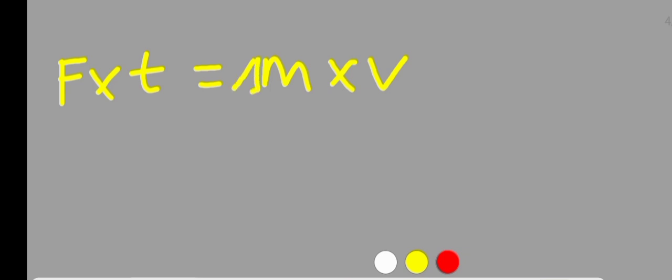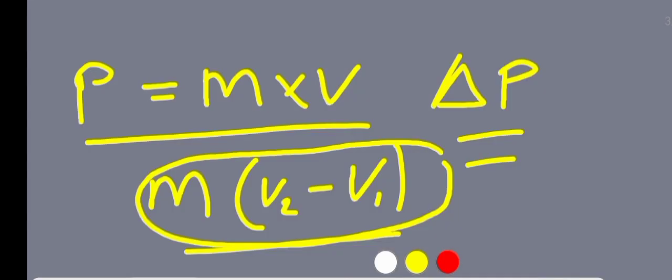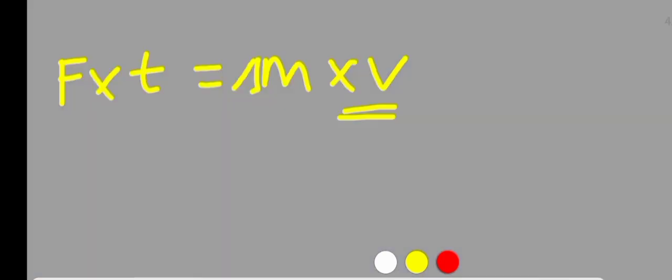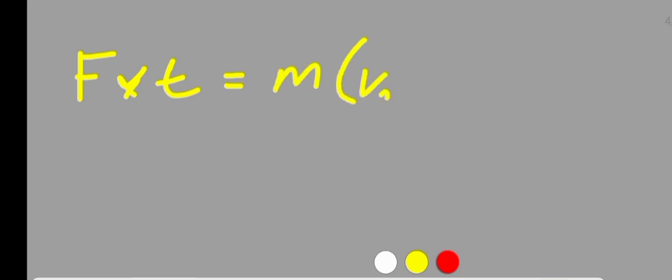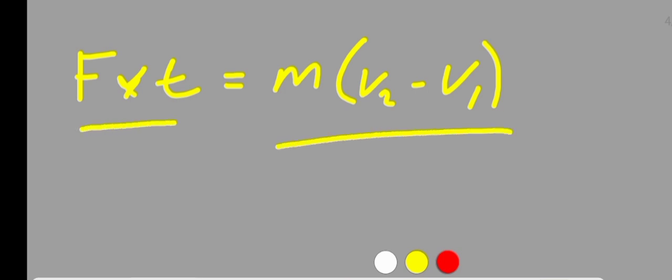So if we rewrite this properly, we would say the impulse, which is force times time, is equal to m times v2 minus v1. This means changing momentum is equal to impulse, this being impulse and this being change in momentum.